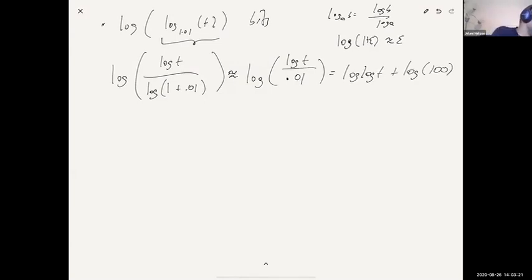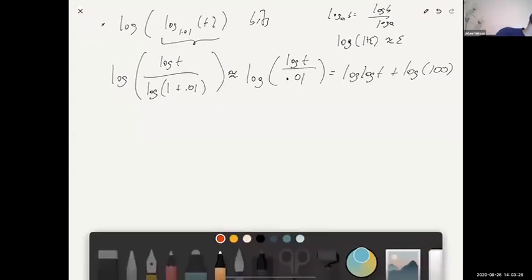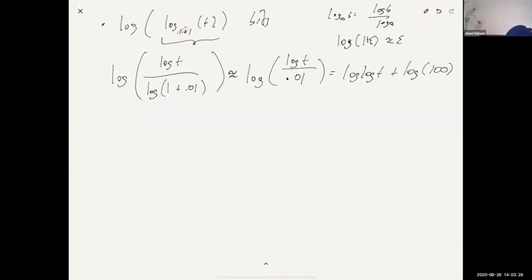Or more generally, if instead of 1.01 it had been 1 plus epsilon, this would have been 1 over epsilon. Okay. So that's maybe the best I could strive to achieve in terms of memory consumption, like log n plus log 1 over epsilon bits to store this counter n. Okay. And that's what we're going to in fact achieve.